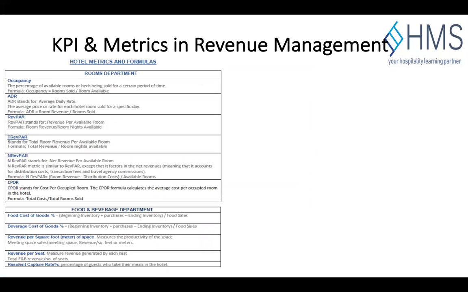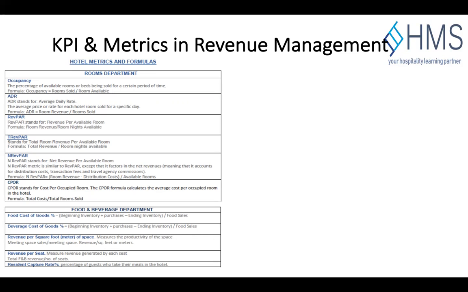In the rooms department, occupancy is the percentage of available rooms or beds being sold for a certain period of time. So occupancy is rooms sold by rooms available. Average daily rate is room revenue by rooms sold. And revenue per available room is revenue upon room nights available.